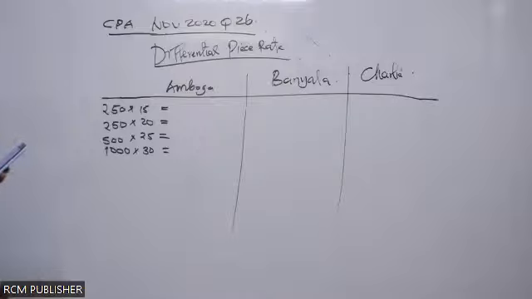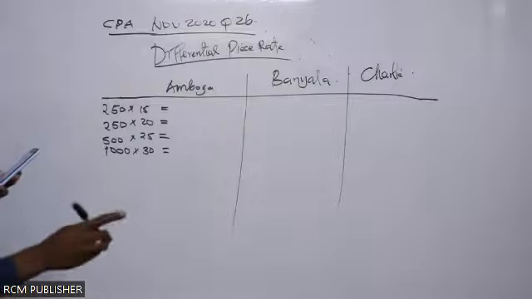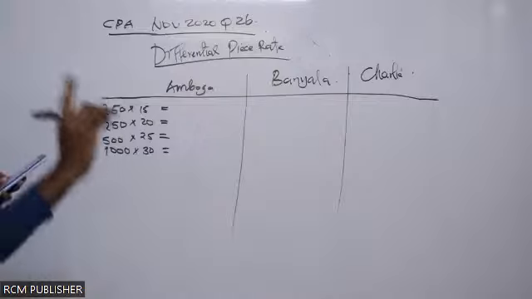So we first of all get the spoiled units are supposed to be deducted from the first production.